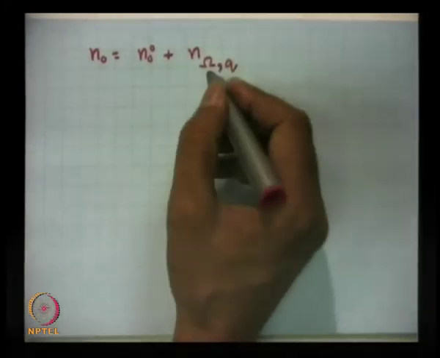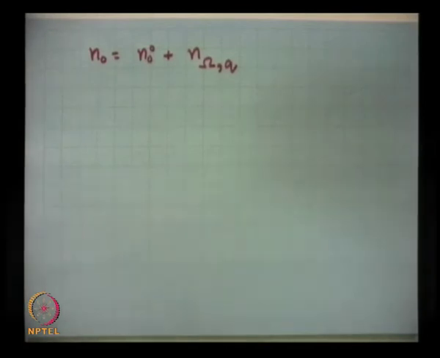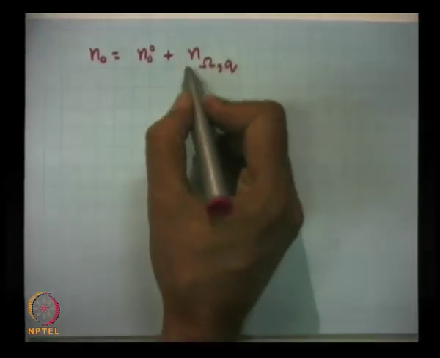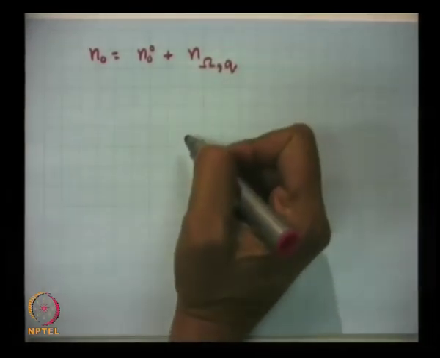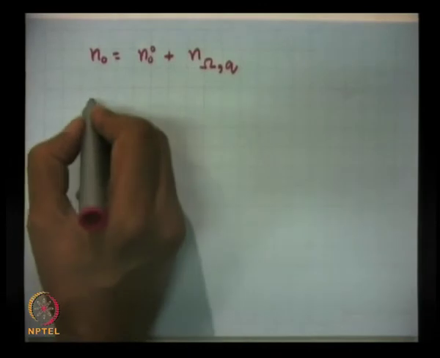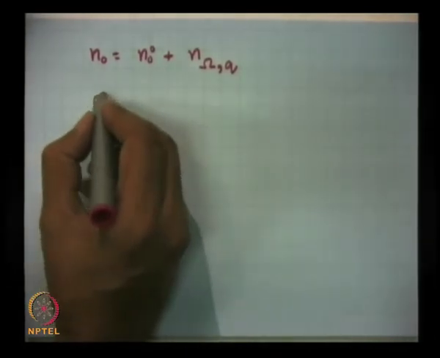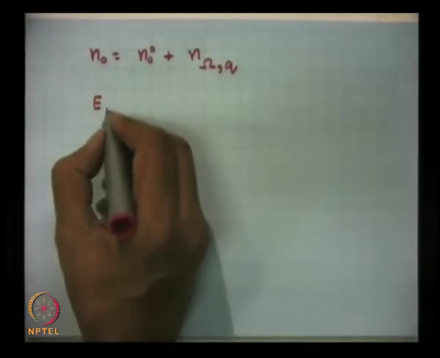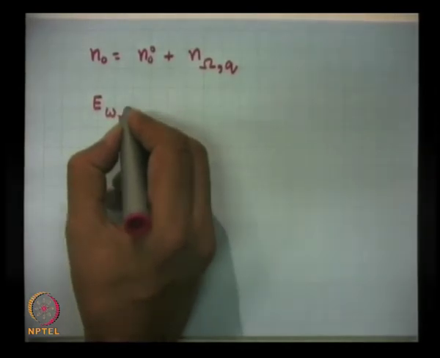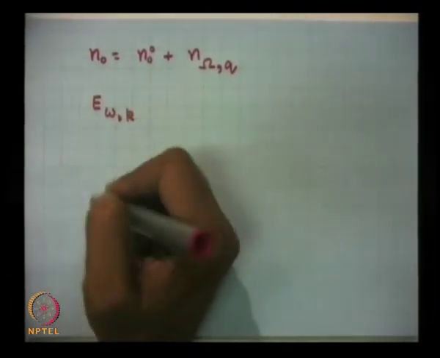This may be a density fluctuation due to a sound wave or ion cyclotron wave or even plasma wave. So, any wave present in the system will give rise to this, and the wave that you are launching from outside may have a frequency omega and wave number k, may not have k equal to 0.